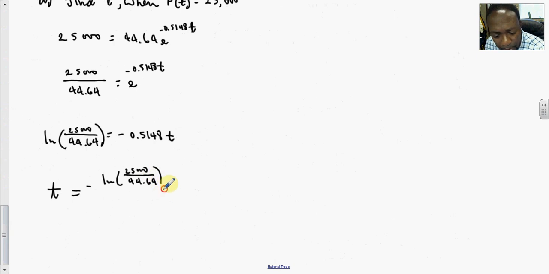Now divide both sides by this decimal. So you have t is equal to this negative natural log of 25,000 divided by 44.64, and then that's divided by 0.5148. And don't forget that negative.